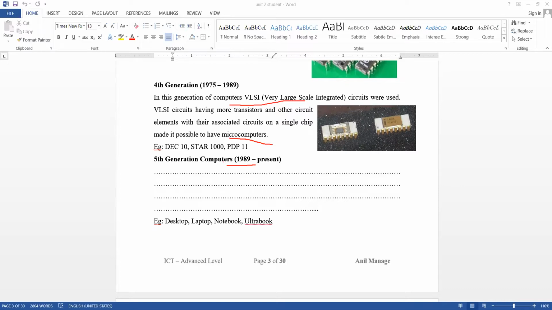Ultra large scale integration technology is used in this generation.